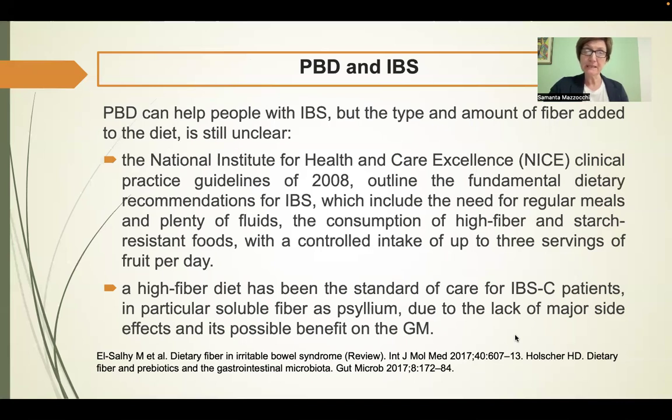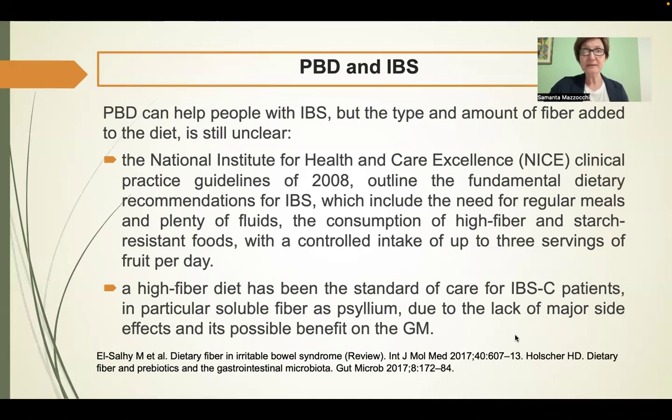The National Institute for Health and Care Excellence Clinical Practice Guideline of 2008 outlined the fundamental dietary recommendations for IBS, which include the need for regular meals and plenty of fluids, the consumption of high-fiber and resistant-starch foods, with a controlled intake of up to 3 servings of fruit per day.